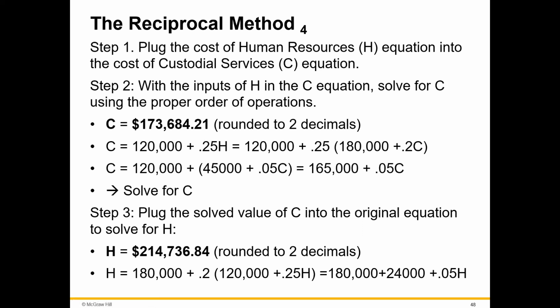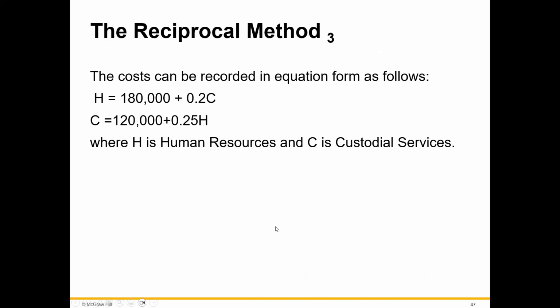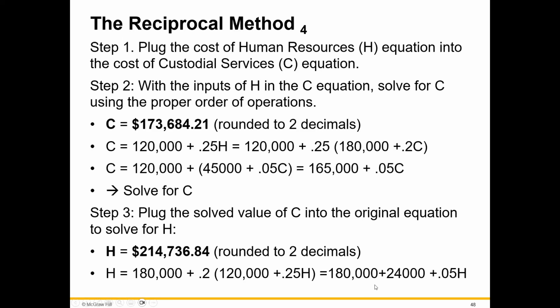Looking on the human resources side, you then do the same thing. You insert the C formula in place of the C in this formula and solve for that. Now, this is possible to do by hand only if you have just 2 support departments.